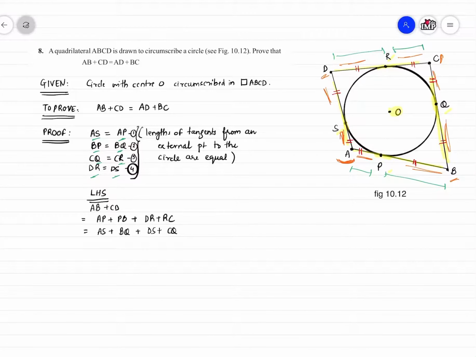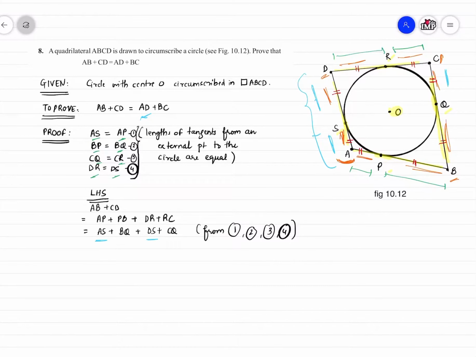Now this is from 1, 2, 3 and 4. But if we notice, AS plus DS is actually AD, which we want, right? We want to show that this is equal to AD. So we want AD on the RHS.